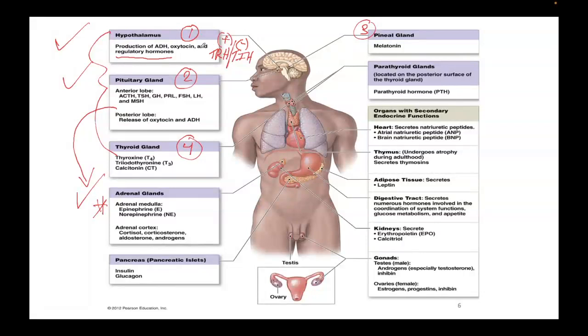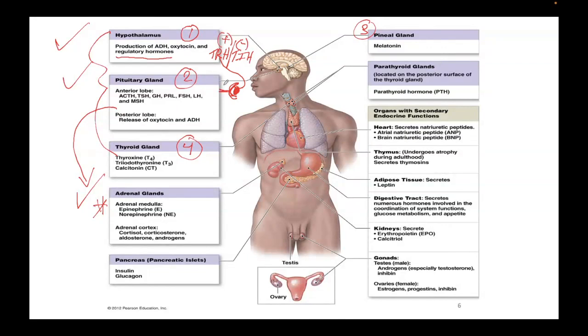If the hypothalamus was sending thyroid releasing hormone, well, this thyroid releasing hormone would go to the pituitary. And let's say the pituitary has a receptor that looks like this. And then thyroid releasing hormone would go and fit right in here like a lock and key.